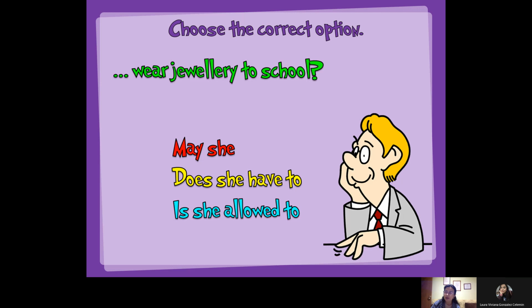Jewelry is when you are carrying a watch, earrings, necklaces, bracelets. Those are jewelries and they are very expensive. May she wear her shoes to school? Are you sure? May she?